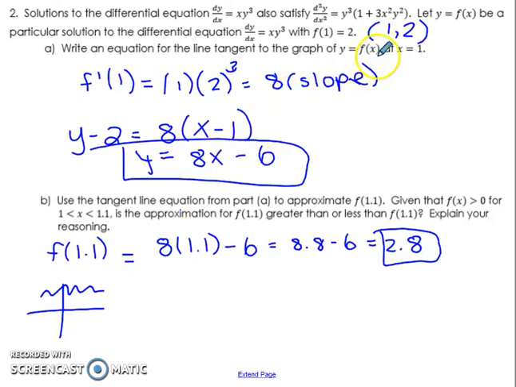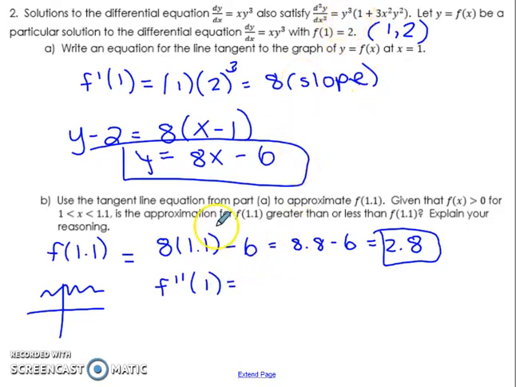Then they're telling us up here about the second derivative. So if we know the equation for the second derivative, what we can do is plug in the point (1, 2). So at (1, 2) in the second derivative, f double prime at 1, I'm going to plug in 1 and 2 into here.